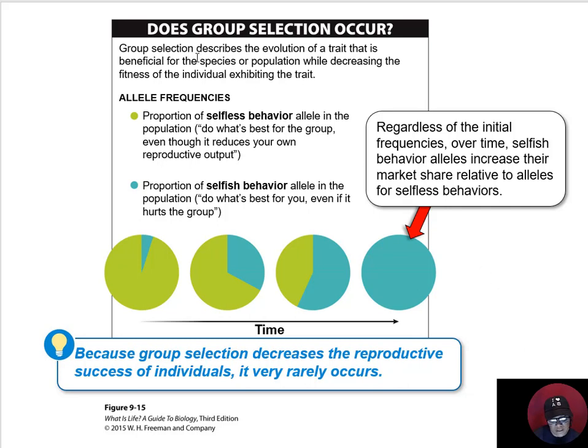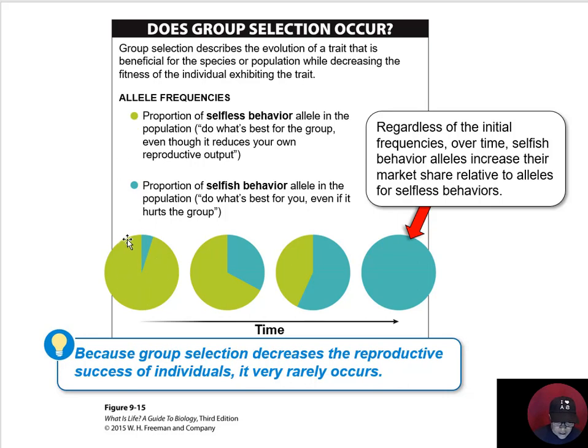When we look at the question, does group selection occur? Group selection describes the evolution of a trait that is beneficial for the species or the population while decreasing the fitness of the individual exhibiting the trait. Okay, let's take a look at that. So here we have this proportion of selfless behavior alleles in the population, in this greenish color.